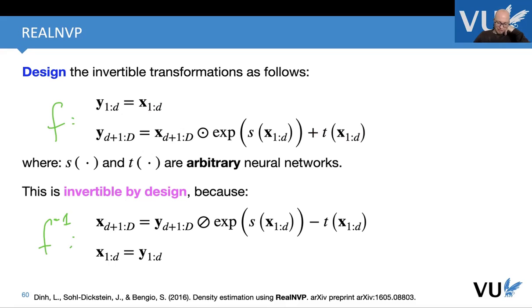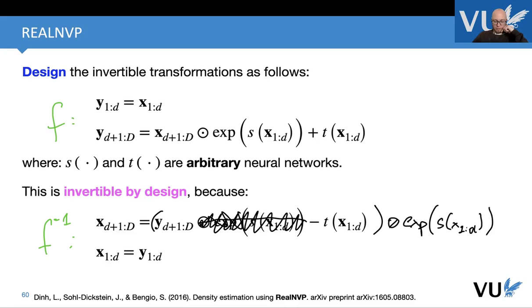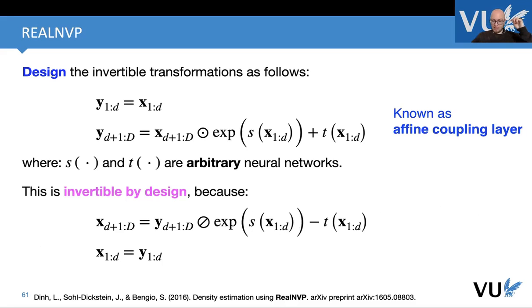It shouldn't be like that. It should be like this. This is element-wise division. This is element-wise multiplication. Okay, so you see that we can easily invert it by design. And this transformation is known as the affine coupling layer in the literature.